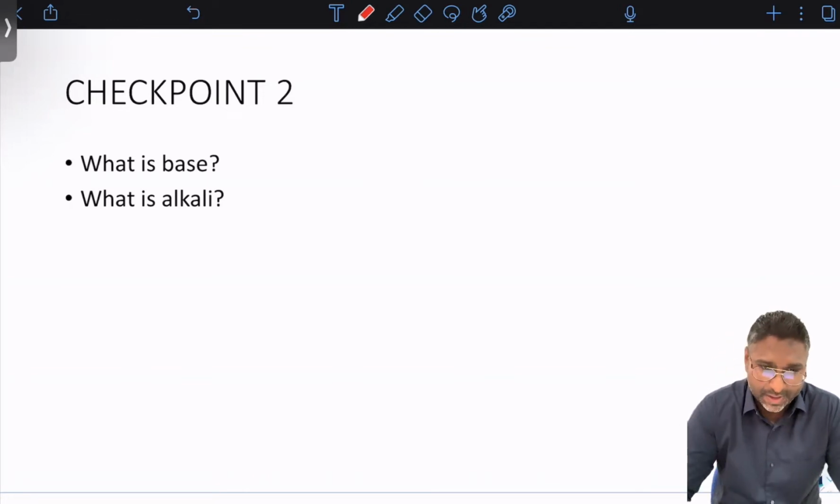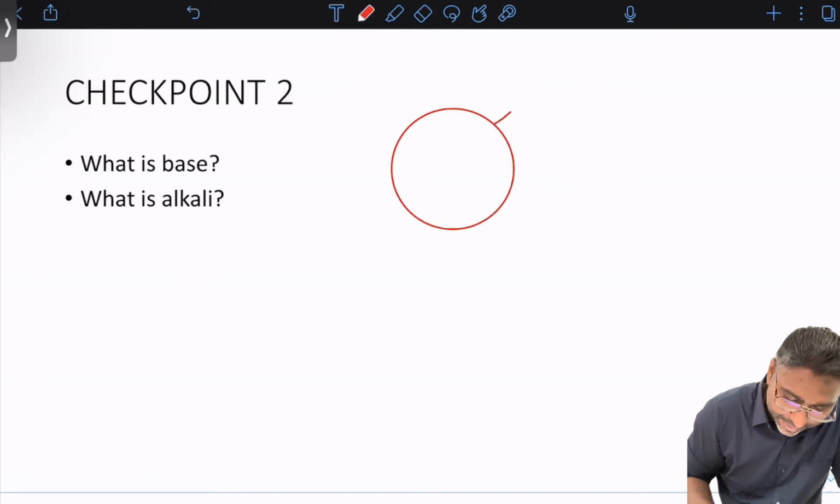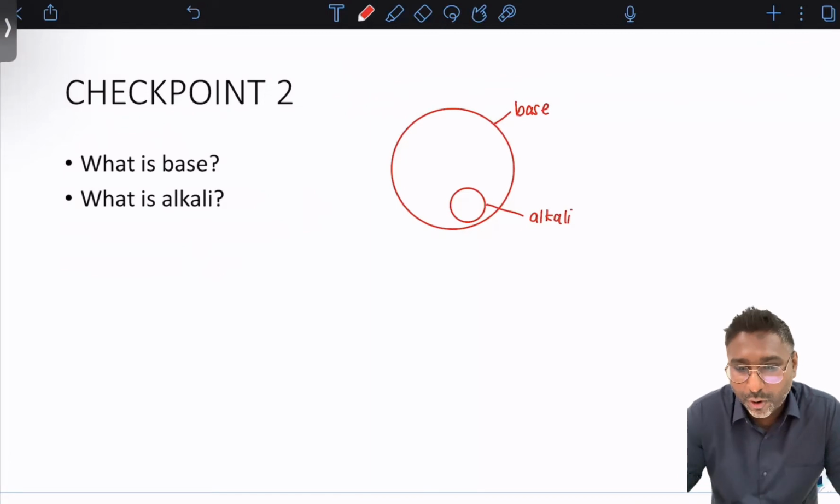If you have your Venn diagram, like in your maths, generally if this one is base, alkali can be a subset. All alkalis are bases, but not all bases are alkalis.